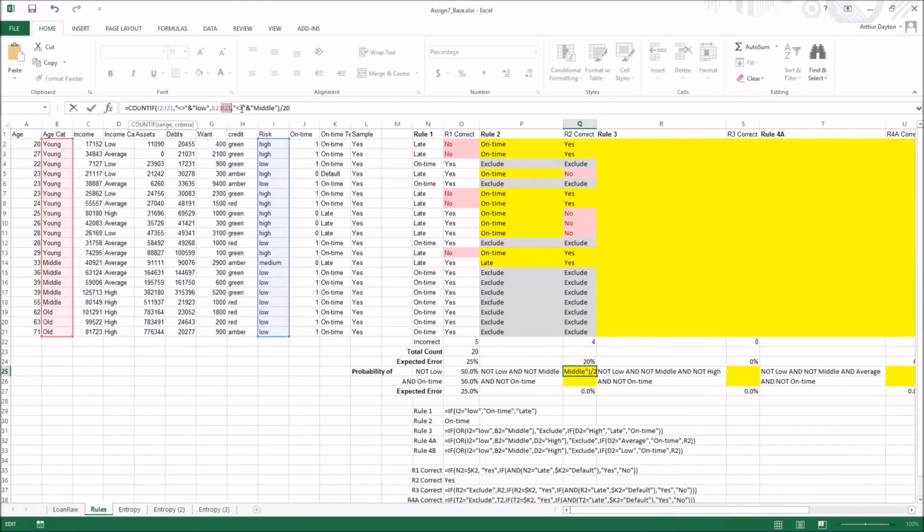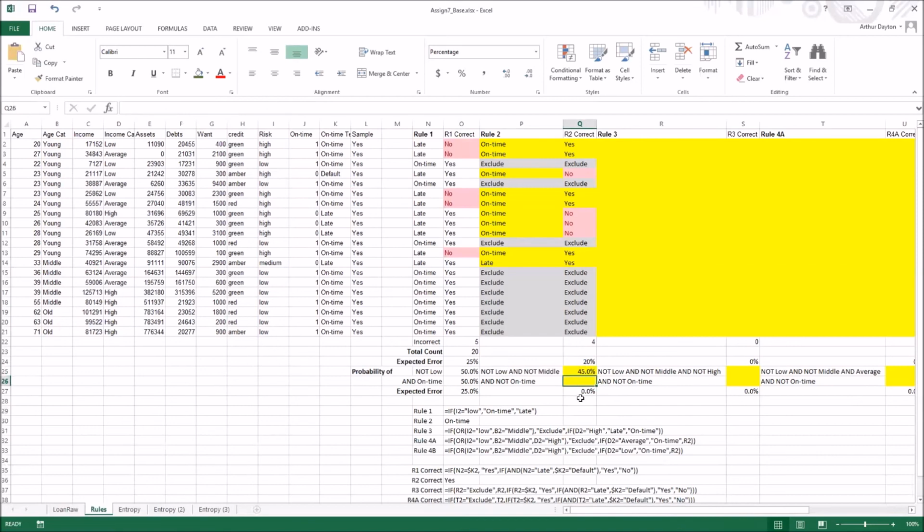What did I do wrong? Oh, watch out for this. I had a COUNTIF formula in there. When you're using multiple criteria and you want to use COUNTIFS, that's the one that tells us we have multiple criteria. So that calculates the probability of our rule, essentially, or of the antithesis of our rule, not equal to risk low and not equal to age middle.